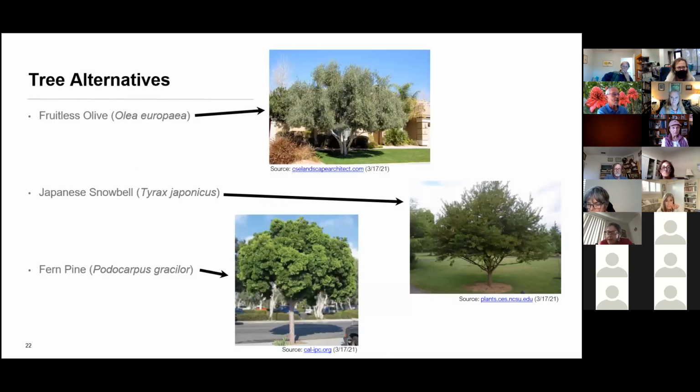Some alternatives include fruitless olive, Japanese snowbell, and fern pine, among many other alternatives. So again, they don't have to be native species to be an alternative. There's plenty of non-invasive plants such as these that you can use as alternatives.